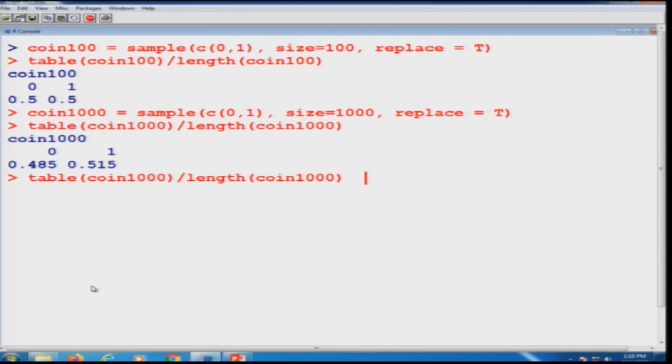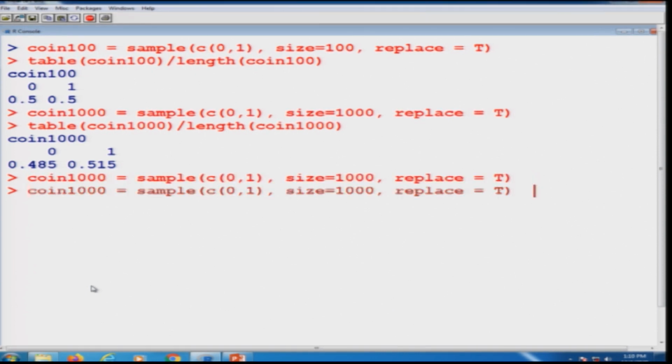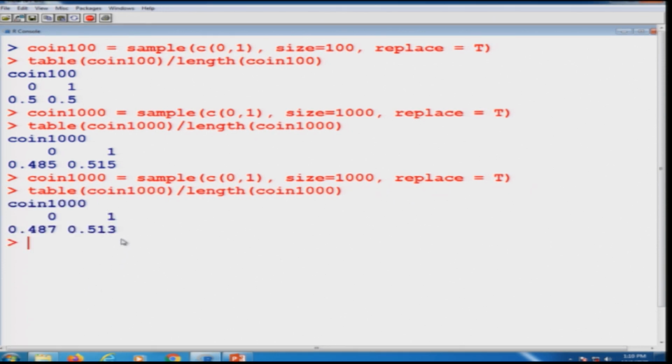And if you repeat this experiment, you will see that this probability is approaching 0.5. Right. So, now if you repeat this experiment say 10,000 times or 1,000,000 times, you will see that the relative frequency is approaching 0.5, and this is what I mean when we say that the probability of getting a head or a tail is 1/2.